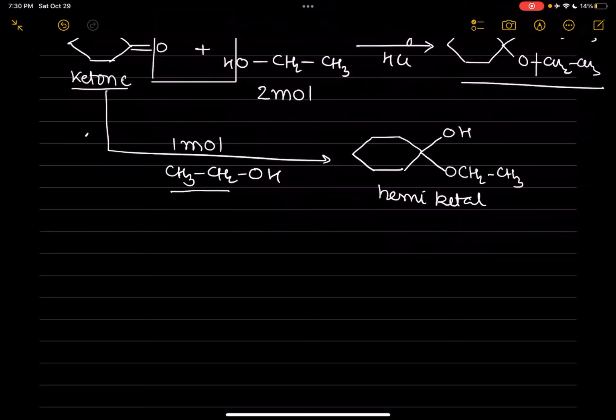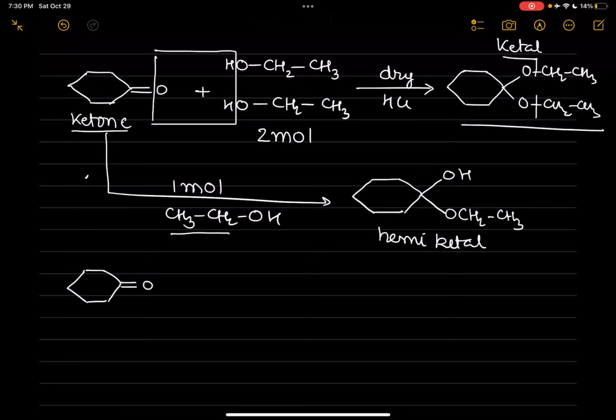But in ketones, what is more famous is this. Actually, because the ketones are less reactive, so instead of choosing 2 moles of alcohol, what you do? You very intelligently choose one diol. The reaction is the same, but it is going to be easier because now the molecule is only one molecule, but that one molecule has two OH groups.